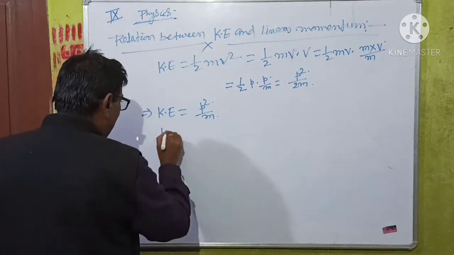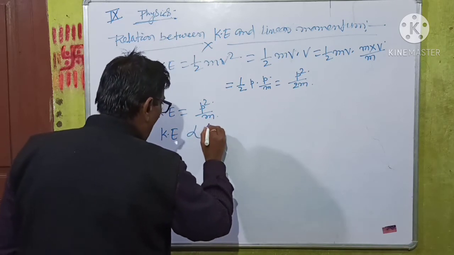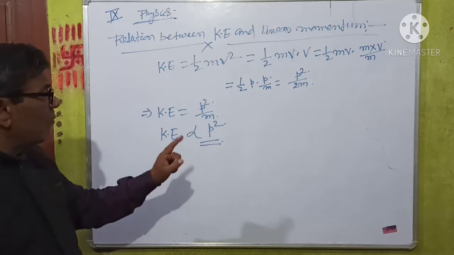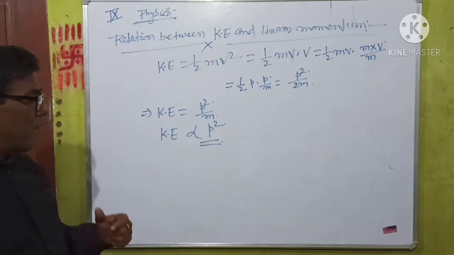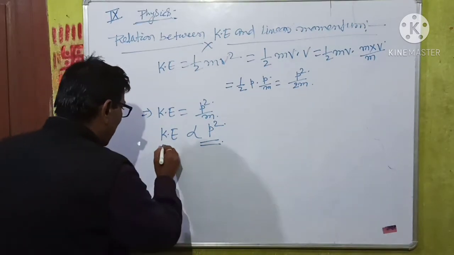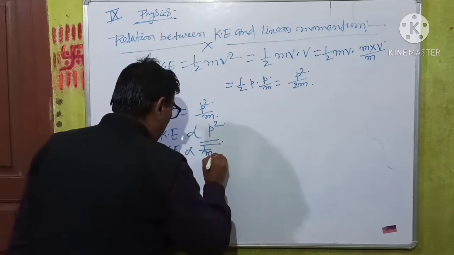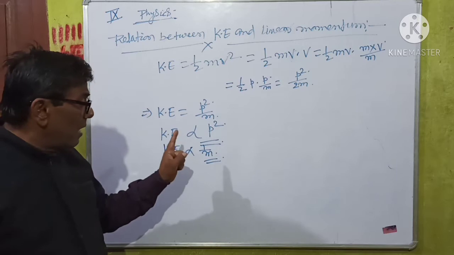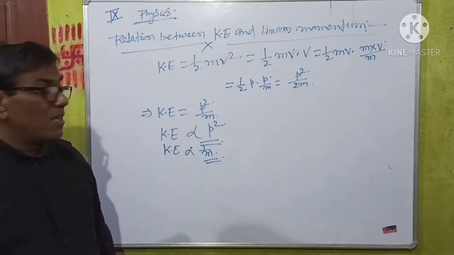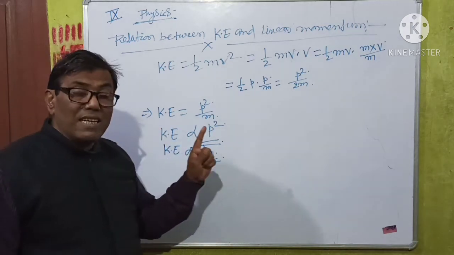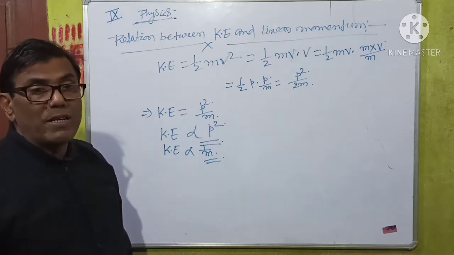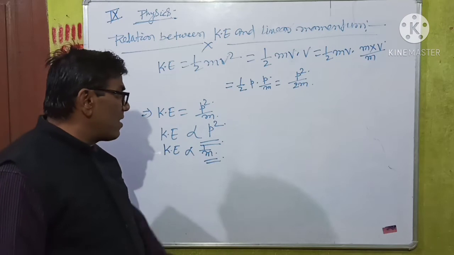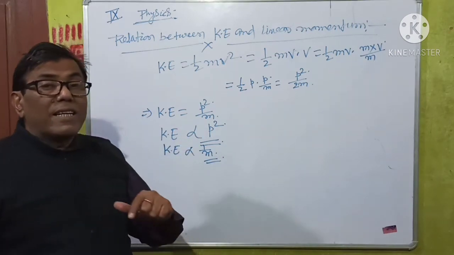Here kinetic energy is directly proportional to the square of the linear momentum, and also kinetic energy is inversely proportional to the mass of the body. That means if the mass of the body increases, kinetic energy decreases. If the mass of a body decreases, then its kinetic energy increases. Since kinetic energy is directly proportional to the square of the linear momentum, when the kinetic energy is made twice, the momentum is increased by 4 times.